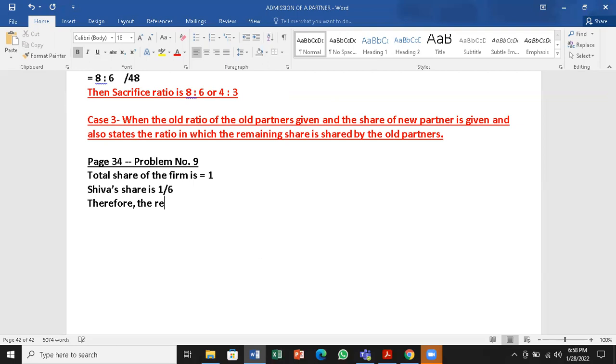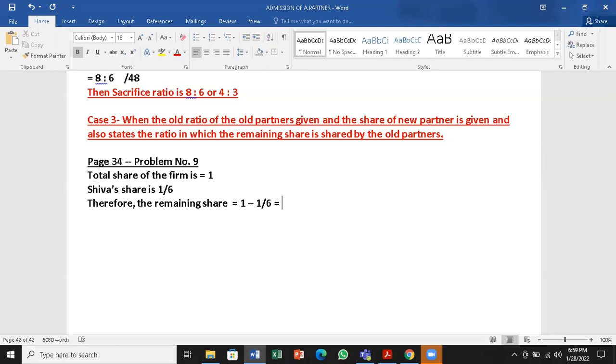Therefore, the remaining share is equal to 1 minus 1/6. In 1, there are 6 parts. The entire share is divided into 6 parts, like a full cake divided into 6 parts.